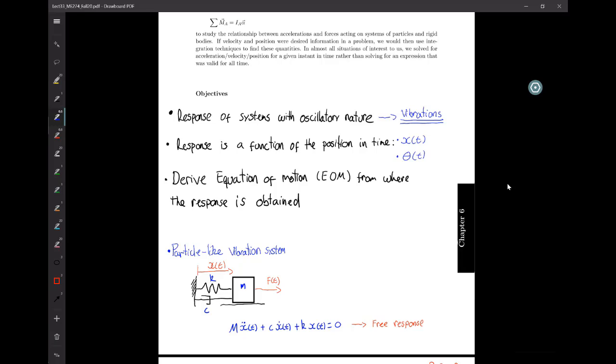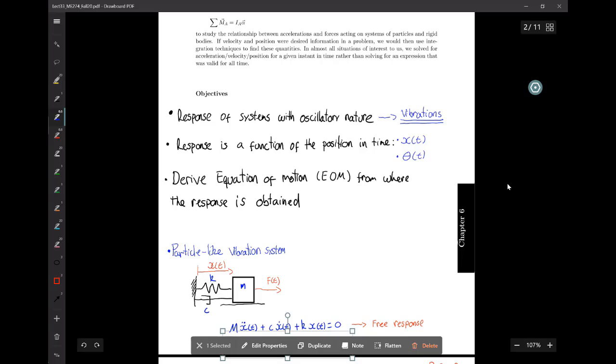Now, the homogeneous equation mathematically means no term on the right-hand side in a very simple way. Physically, it means that it's the natural behavior of the system. Everything that happens is happening because the system wants to behave in that way. That is what the free response is.